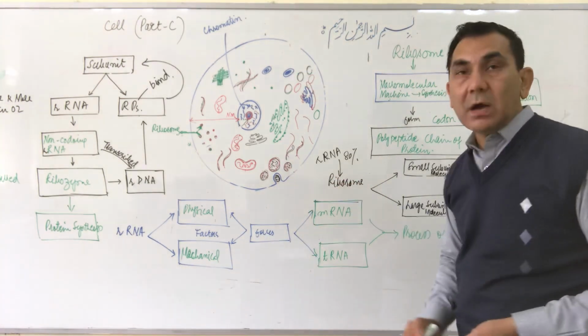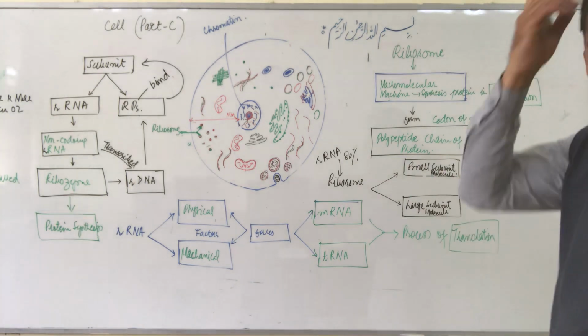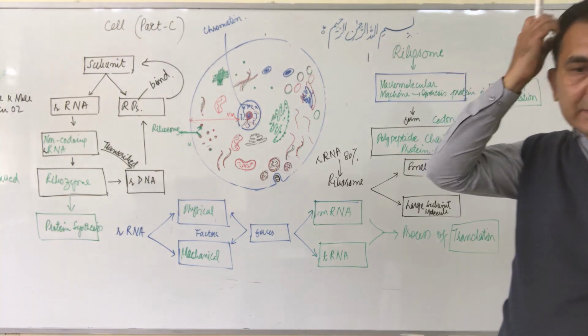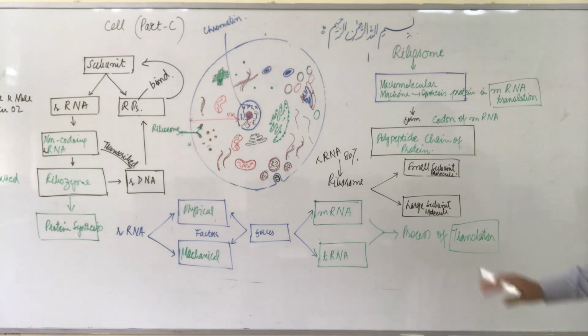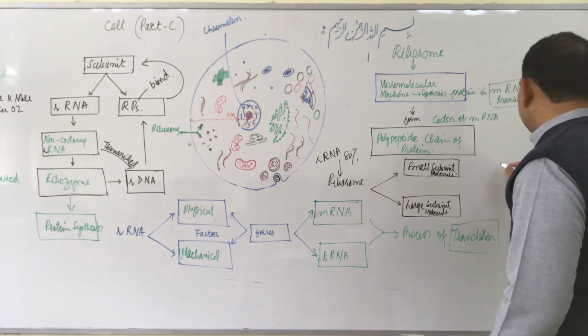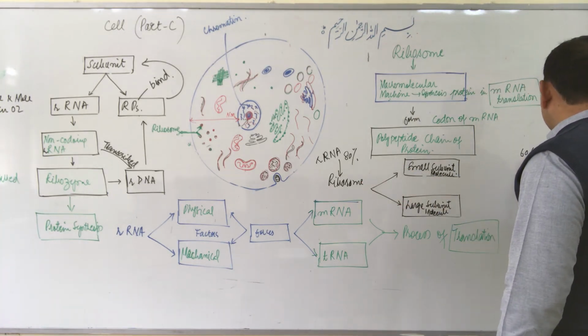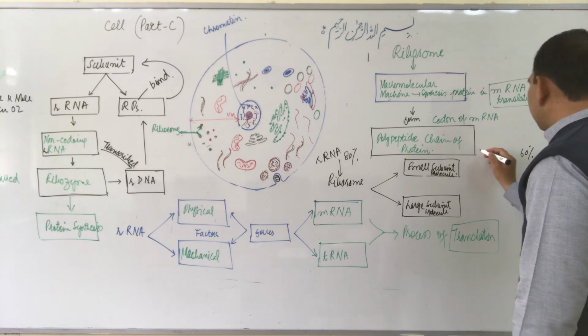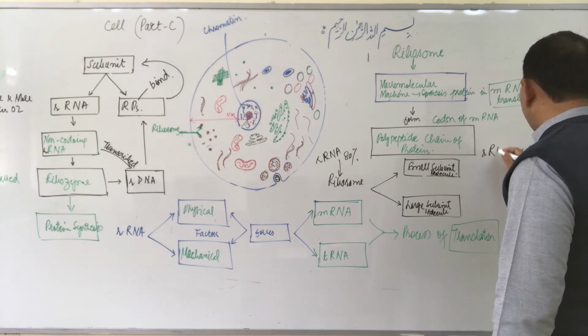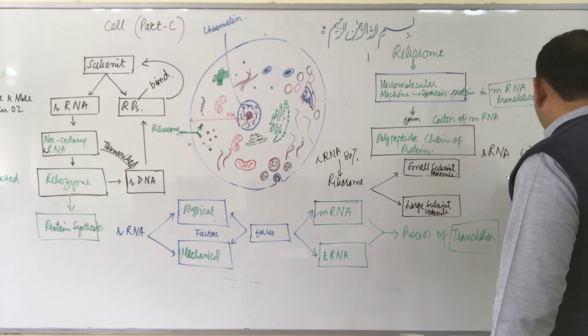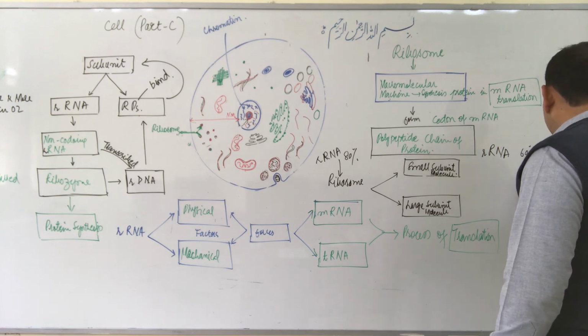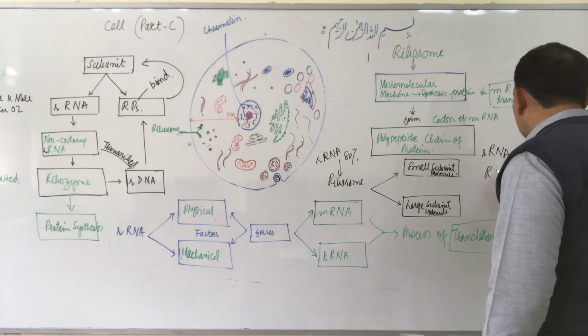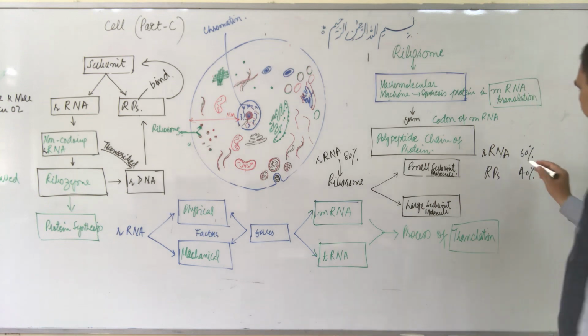The ribosome is 60% ribosomal RNA and 40% ribosomal protein molecules.